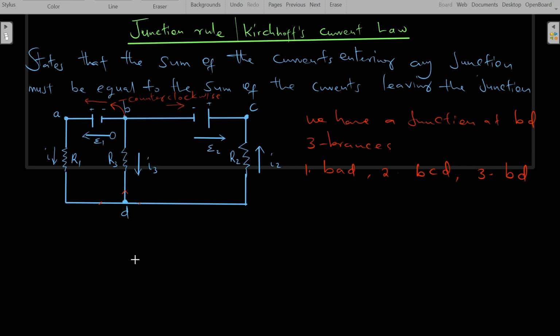If we go through this side, using the EMF rule from our first video, it should be positive. So it should be +E1 at this point because the current is moving in the same direction as the EMF arrow. Then at this point the current is moving in the direction of the move through the resistor, so it should get a negative IR1.